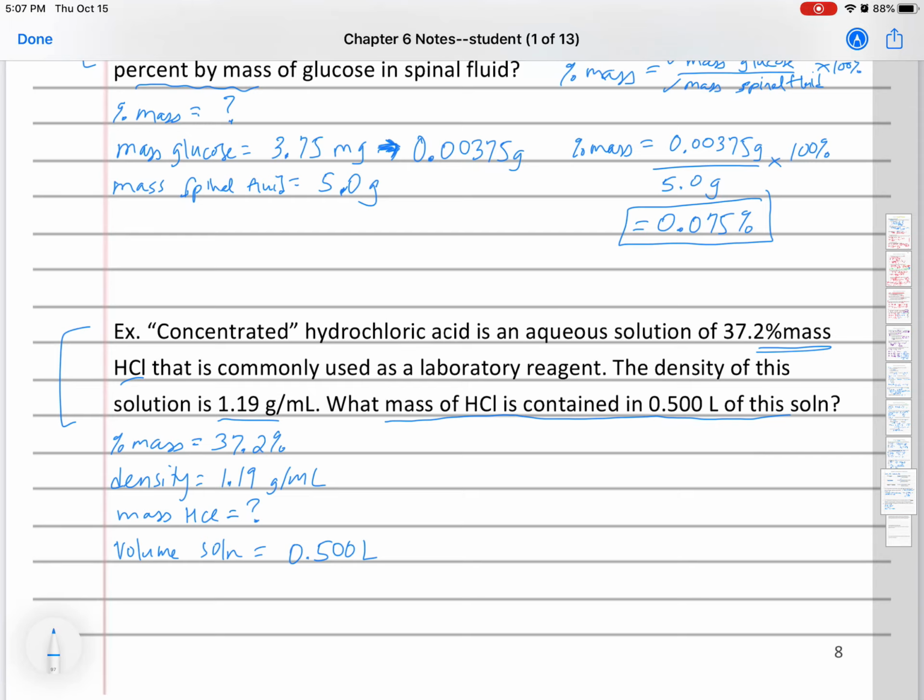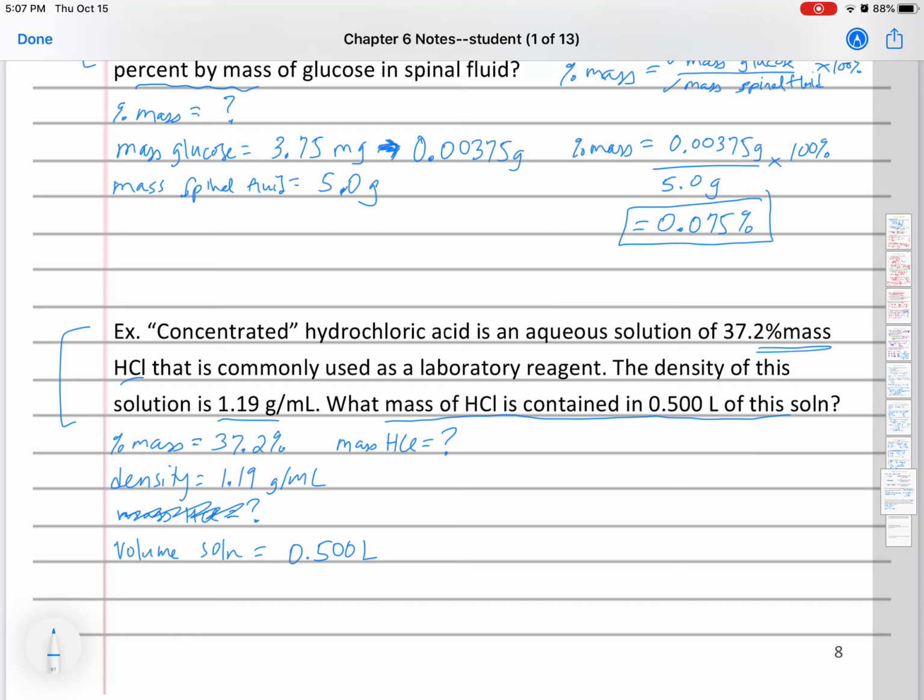All right. We know that percent mass is the mass of the solute. In this case, HCl is our solute. We don't know what that is. That's actually what we're trying to find.